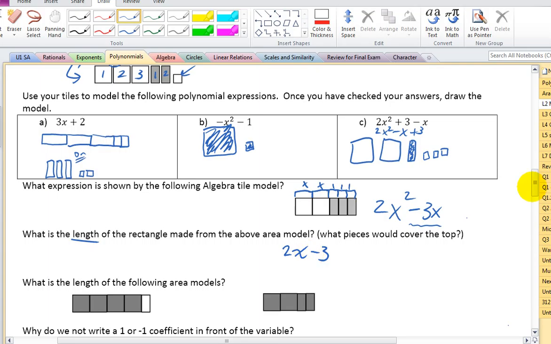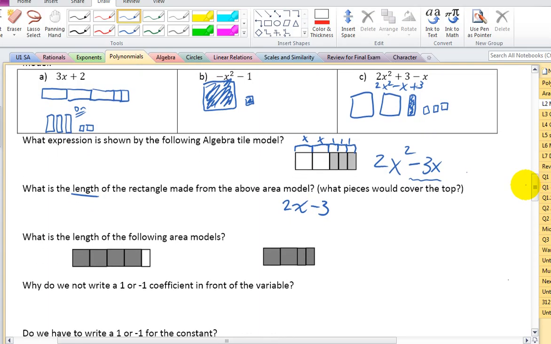What's the length of the following area models? So I would say it's negative 4x plus 1.